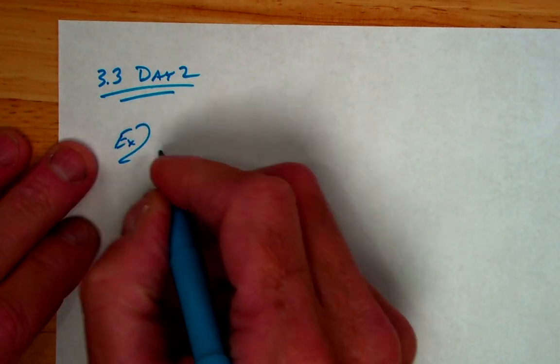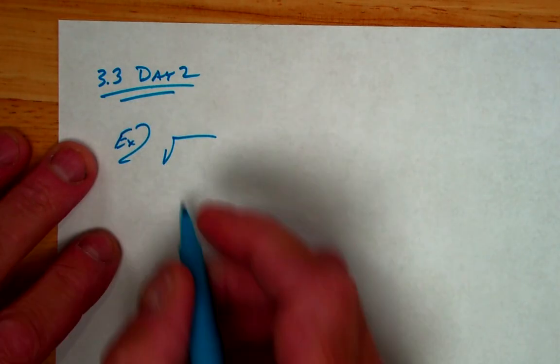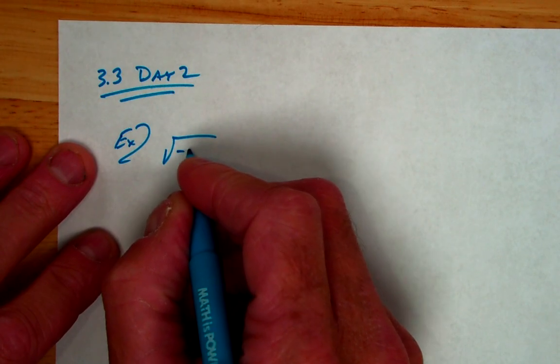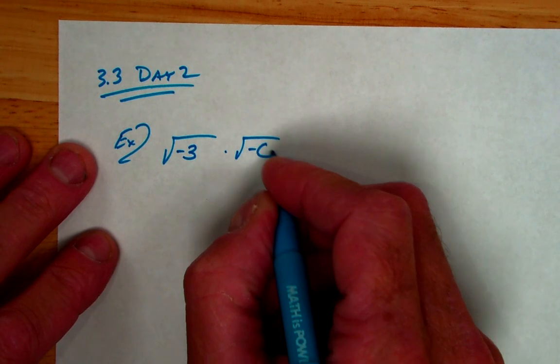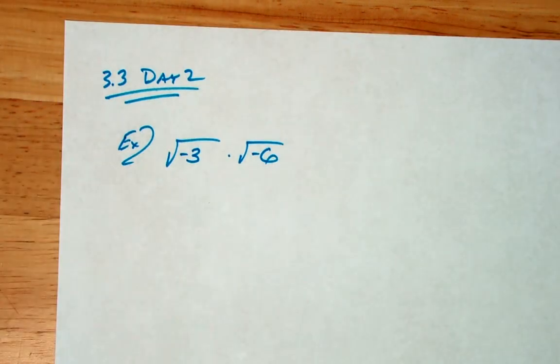So if I'm simplifying something like the square root of negative 3 times the square root of negative 6, the first thing you've got to do is realize that there's going to be an i with that negative 3 and an i with that negative 6. You have to do that first, and then you can simplify what's left.